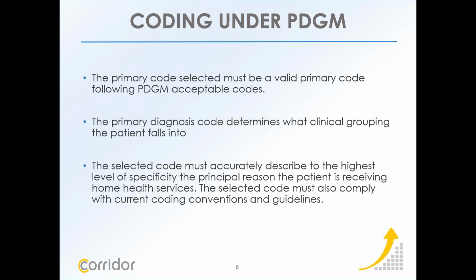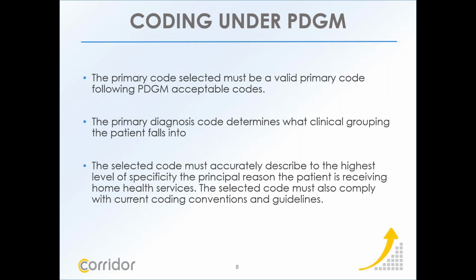Of course, just like it does now, the selected code must accurately describe, to the highest level of specificity, the principal reason the patient is receiving home health services. So the reason for the primary diagnosis is still the same. We still want to make sure we're being compliant with that and gathering that information correctly.